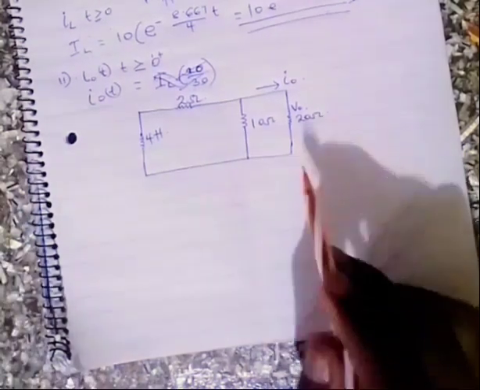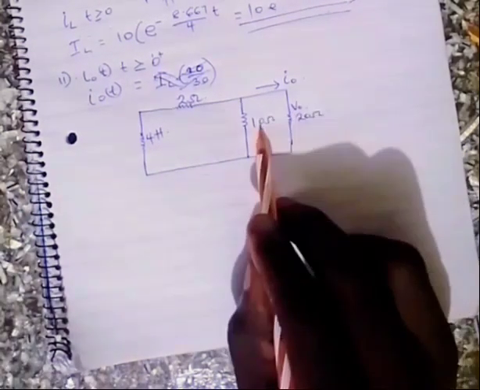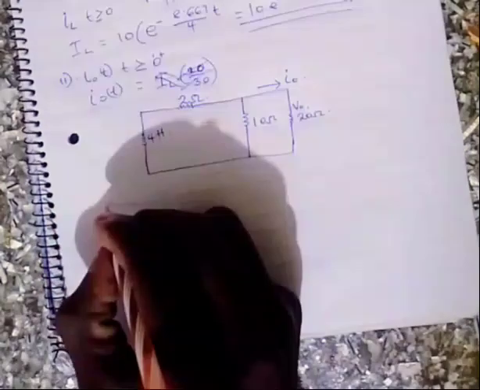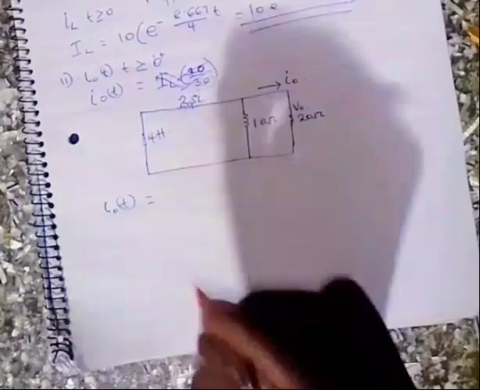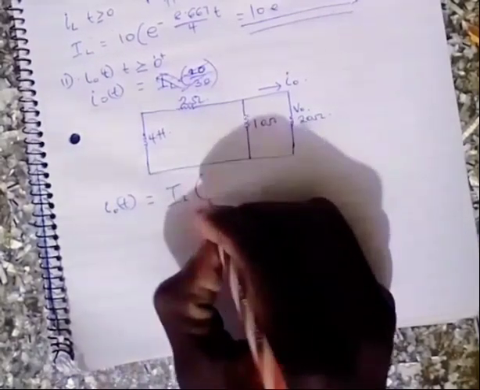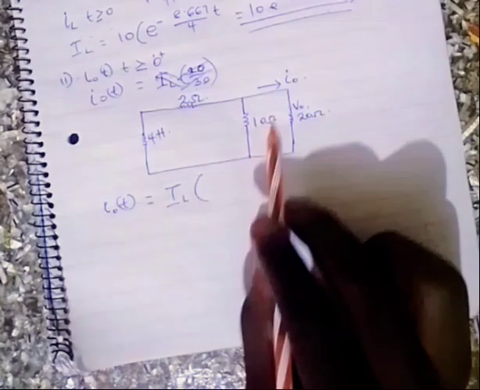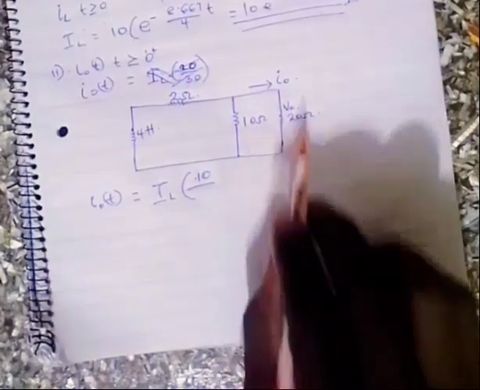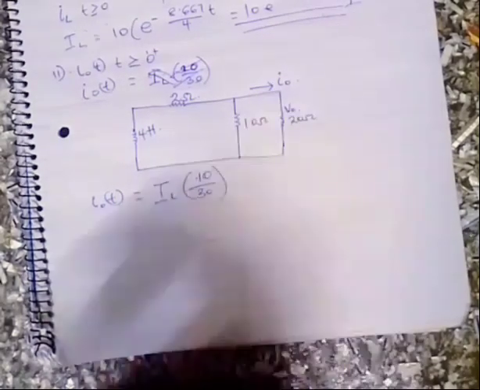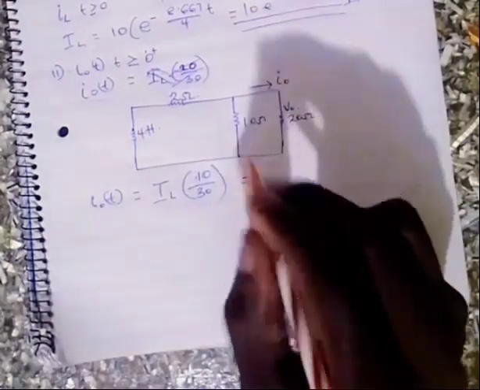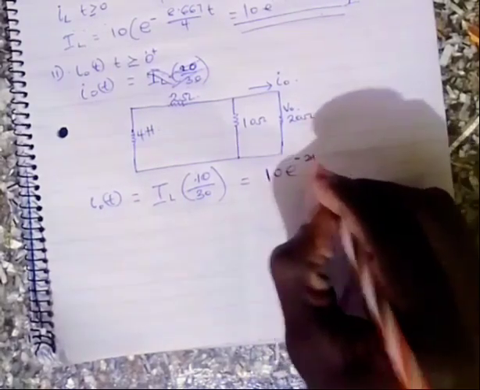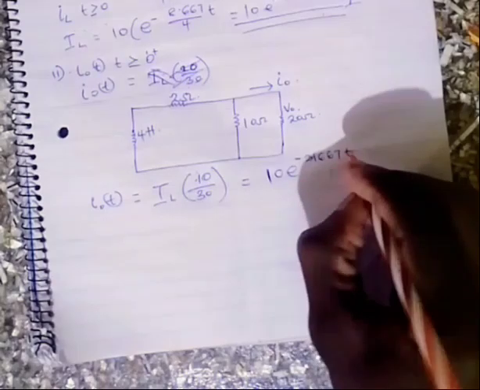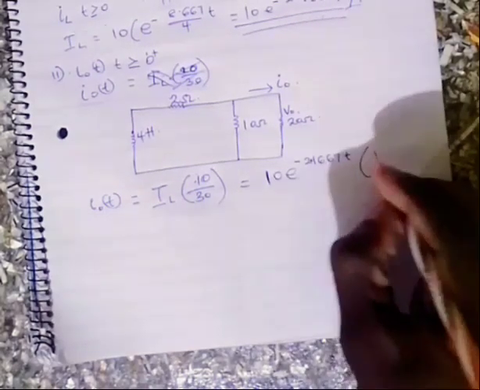Here the opposite branch is the 10 ohm resistor, and the sum of resistances is 10 plus 20. So i0 with respect to t will be iL multiplied by 10 over 10 plus 20, that's 30, which is 10 exponential negative 2.1667 t multiplied by 10 over 30.